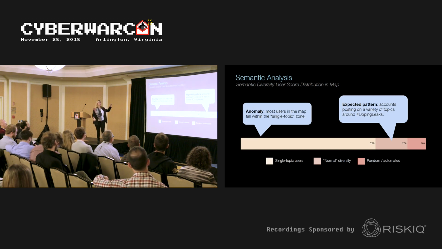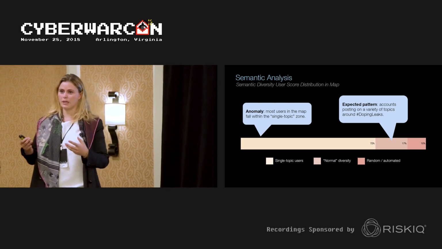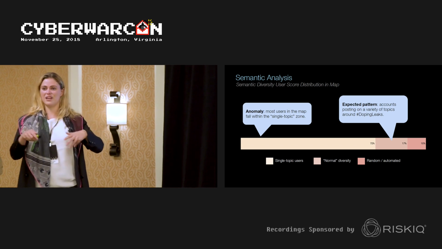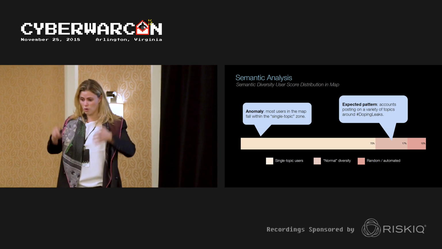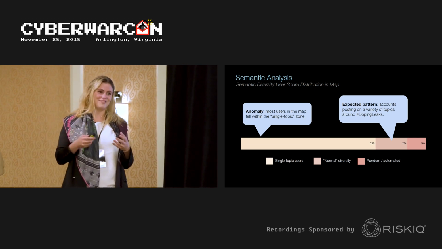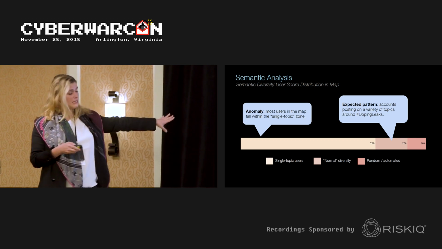The other thing that's odd is if you do semantic analysis here, we're looking at each user in the map, and we're trying to find their semantic diversity score. And so this is a fun range because humans generally fall in the middle. Here you have single topic accounts, so accounts who only talk about one thing. It's actually quite rare. People tend to have semantic diversity even when they have a very committed topic. So this is oddity.